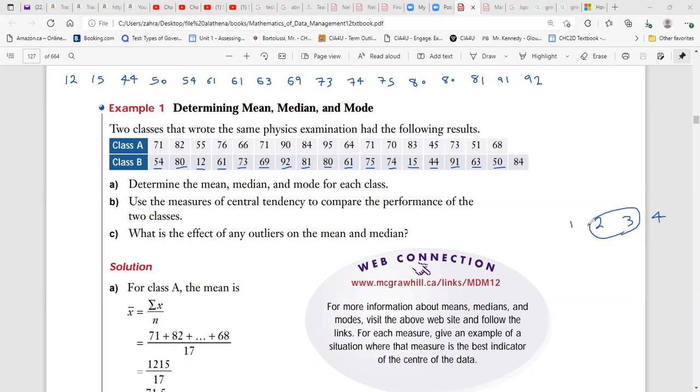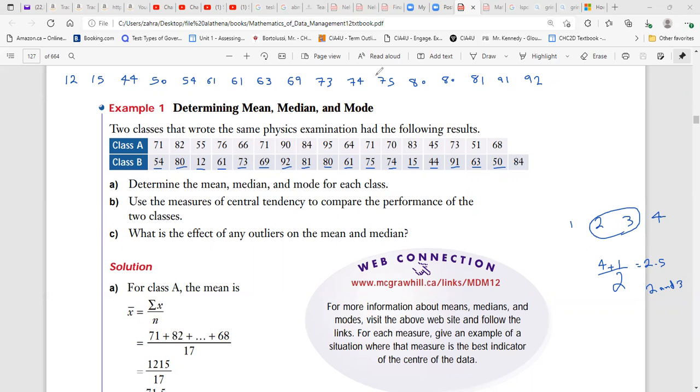So how do you know which data, if you have a lot of data? This is the method. I have 4 data, right? 4 plus 1 divided by 2. 4 plus 1 is 5, divided by 2 is 2.5. 2.5 is a number between 2 and 3, right? That's why my second and third data will be my middle data.